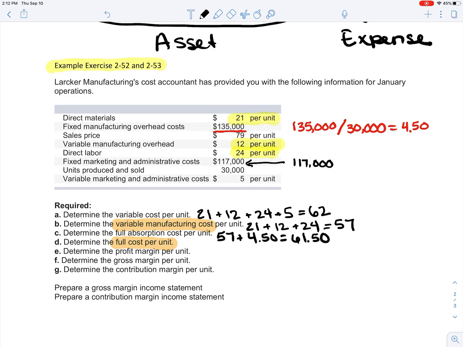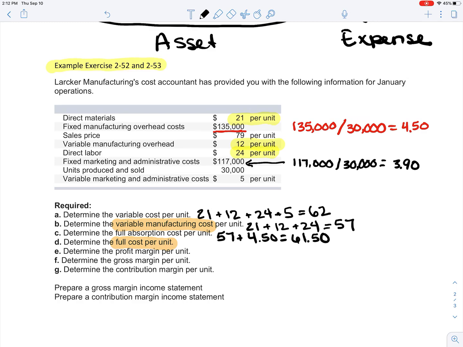My total fixed marketing and administrative costs were $117. I have 30,000 units that I produced and sold, and therefore it's $3.90 per unit.